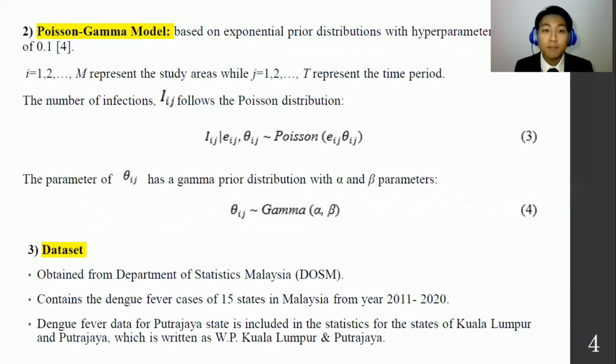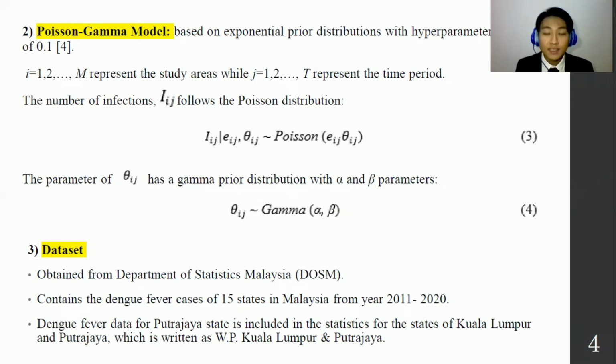And then the Poisson-Gamma method is based on the exponential prior distribution with a hyperparameter of 0.1. And then the parameter theta ij has a gamma prior distribution with alpha and beta parameters, and the distribution is as shown below.